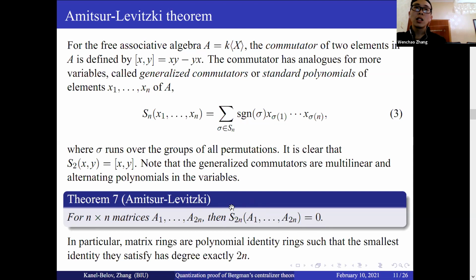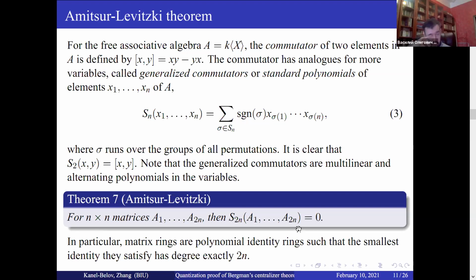Actually, it also says that this 2n is the least number for the n by n matrices. So Amitsur and Levitzki show that this 2n exactly fixes this polynomial.